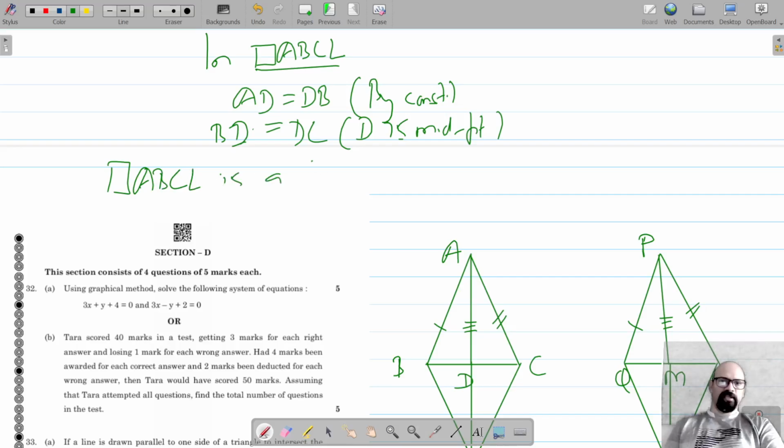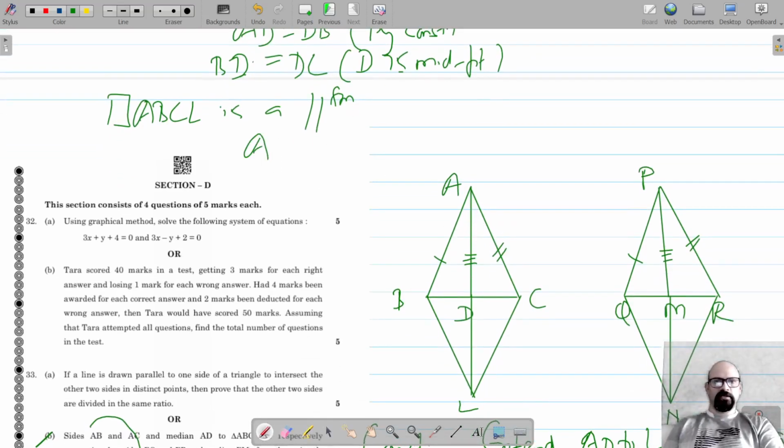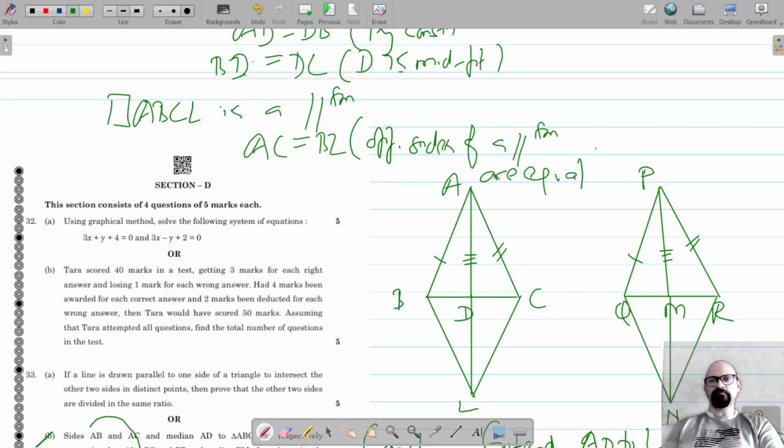quadrilateral ABCL is a parallelogram. And if it's a parallelogram, that means AC is equal to BL, because opposite sides of a parallelogram are equal.